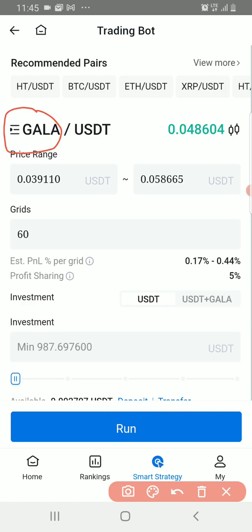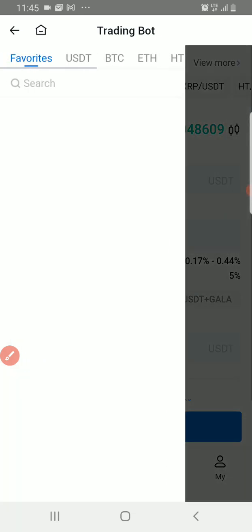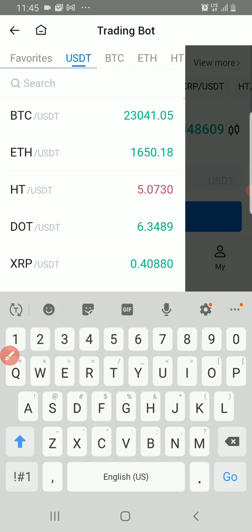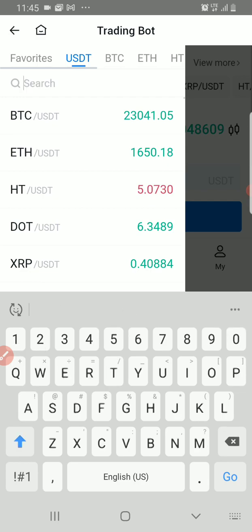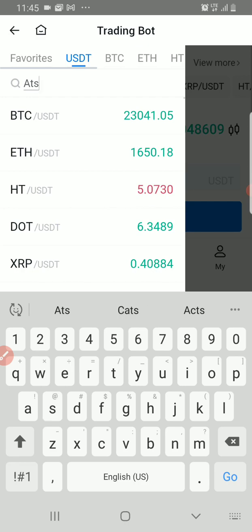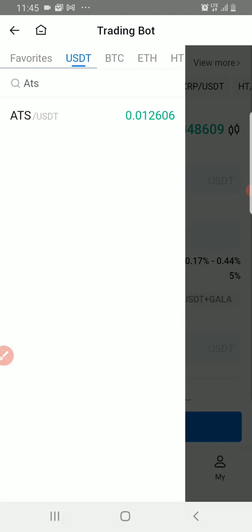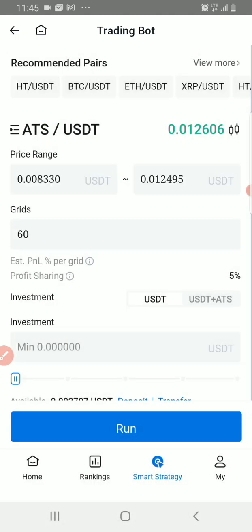So we can say, okay, we don't want to trade GALA, we want to trade the asset we used for part one. I think APT, no, not APT, ATS, right, I guess this ATS we used. It's not moving, this is what we use. So we can decide to say, okay, let's use this.